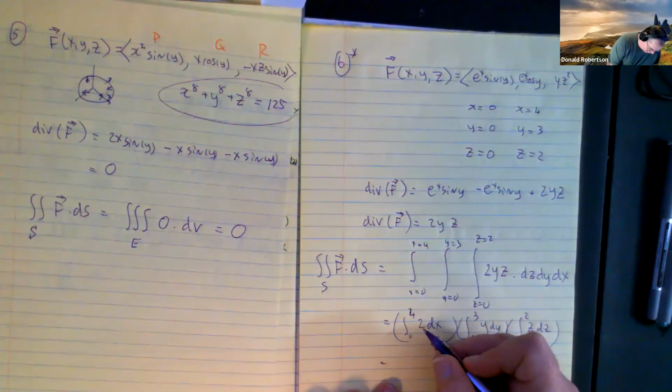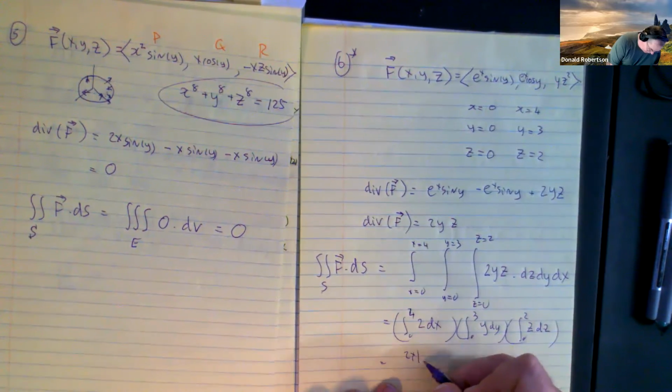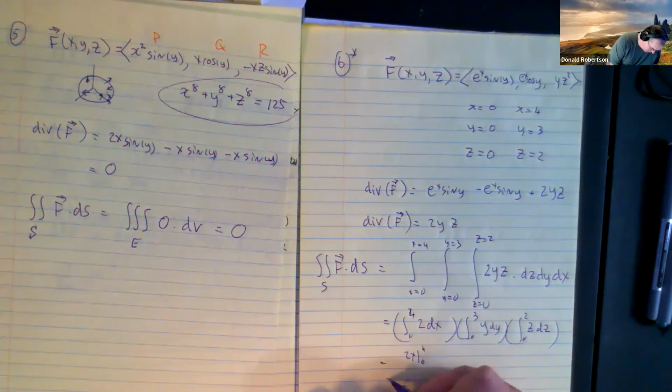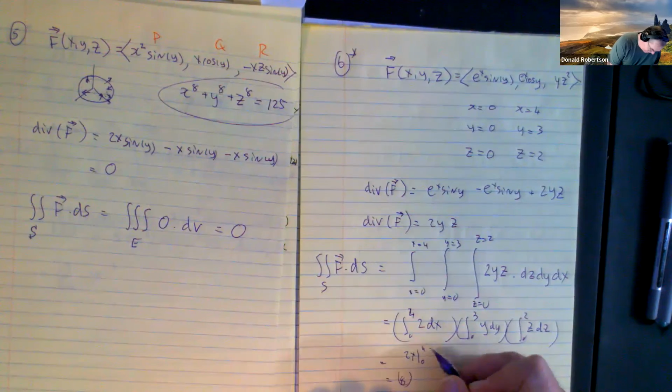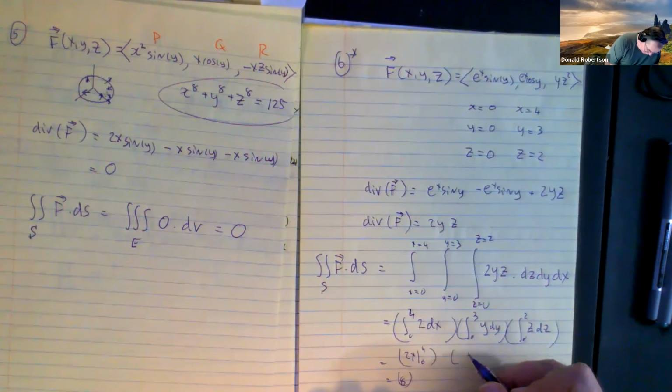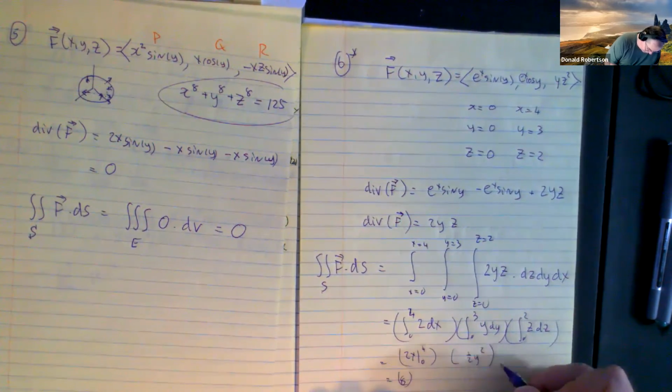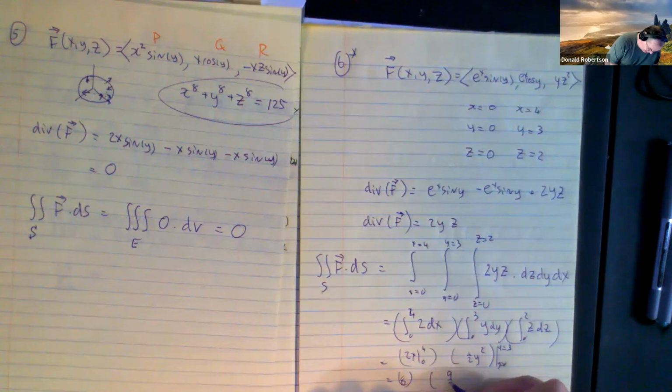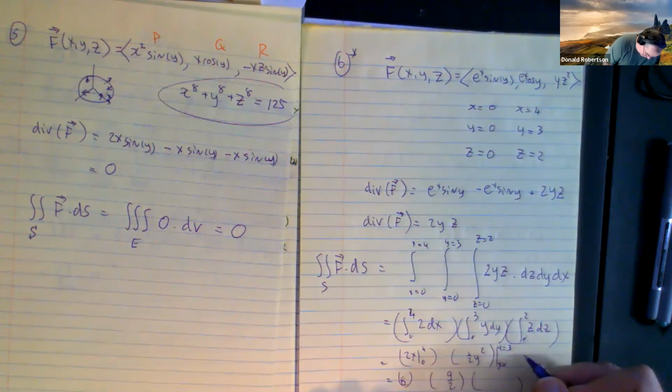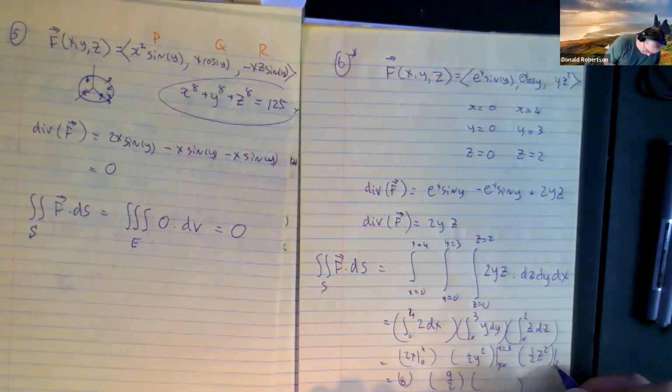Okay, that guy gets you what? 2x evaluated at 0 and 4, so that gets you 8. This guy gets you 1/2 y squared evaluated at 0 and at 3, so that gets me 9/2. And this last one gets me 1/2 z squared.